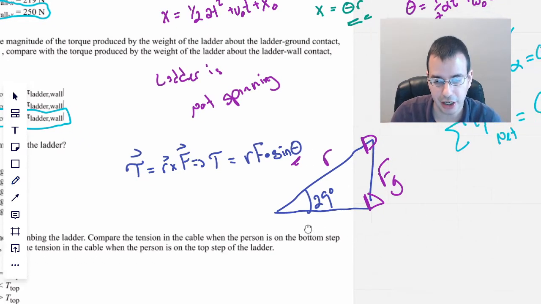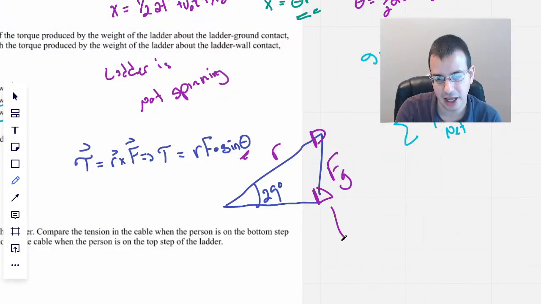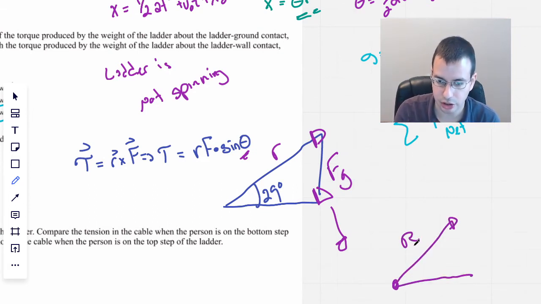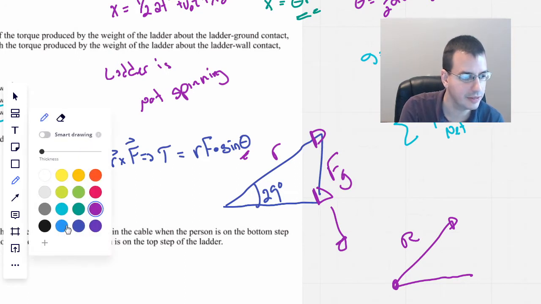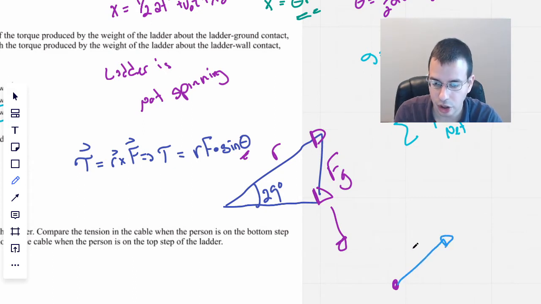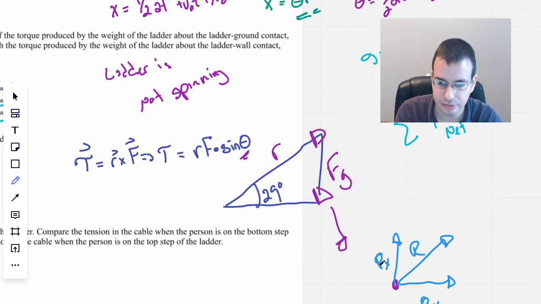So what you do then is you take this and you break up the triangle, so you have R like this, and you break the triangle up into components. This will be R y component, and this will be R x component.